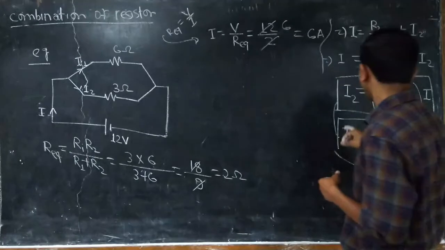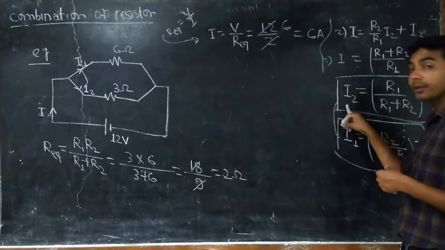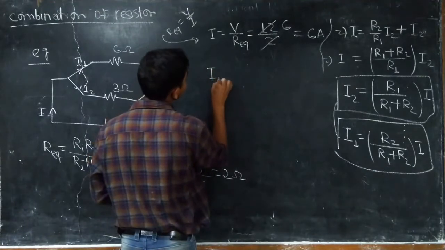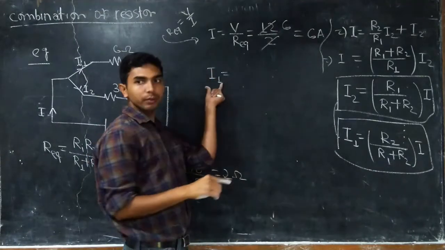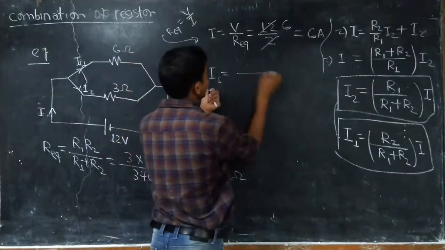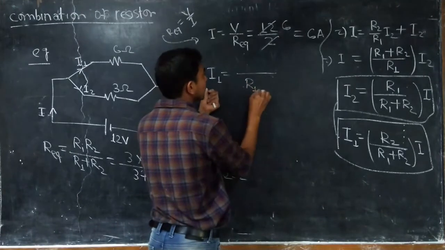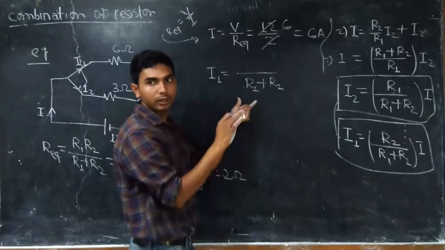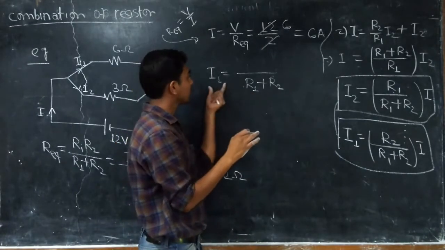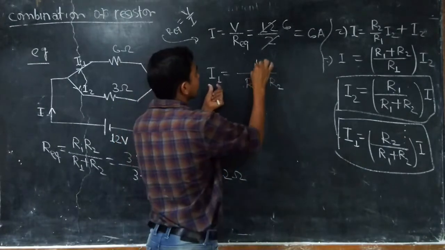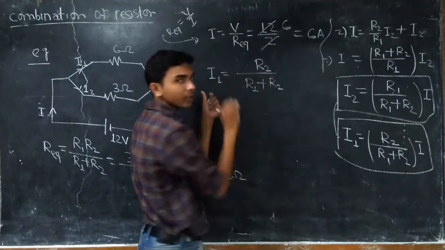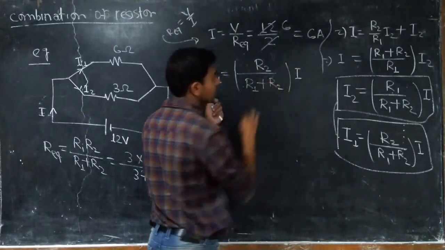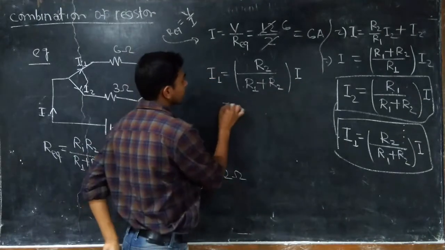Next we are going to calculate I1 as well as I2, right? So I1 is equal to, here I1 is present, so the formula will be what? In the denominator R1 plus R2 will come, but here for I1, in the numerator R2 into I will come. So this is your formula.